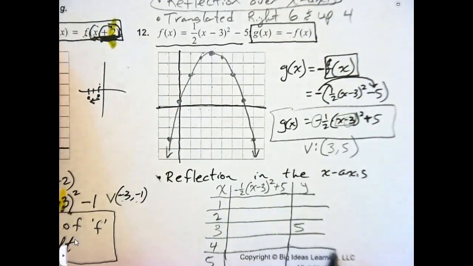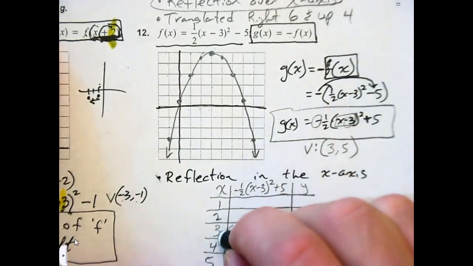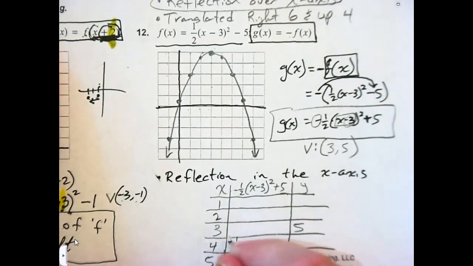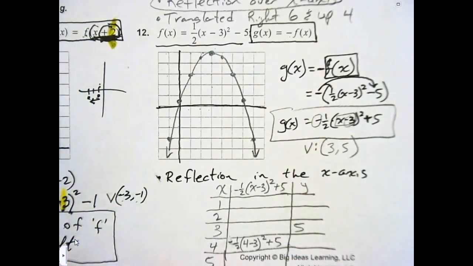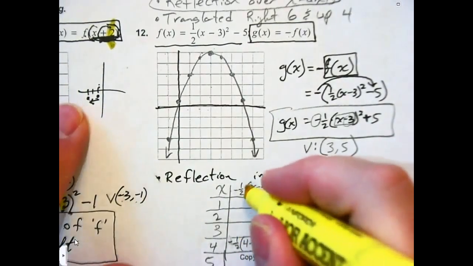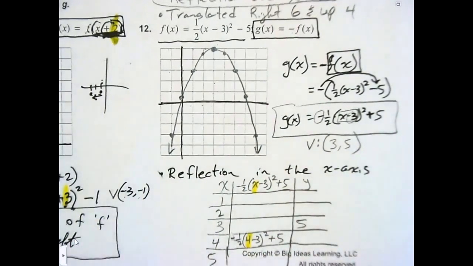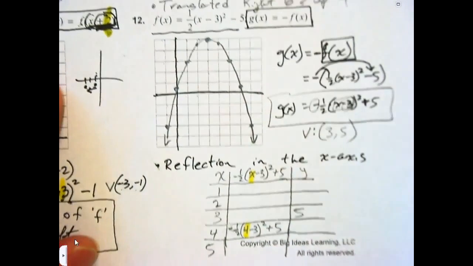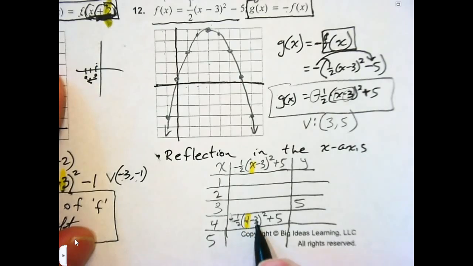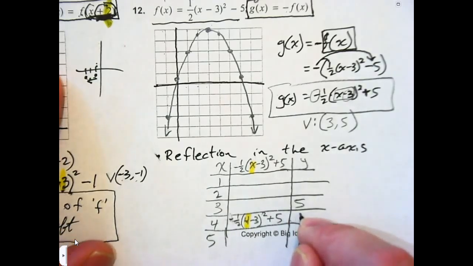I'm not going to plug all of them in, but if I put 4 in, that's -1/2 times 4 minus 3 squared plus 5. Notice the only thing I replaced there was the x value. I put 4 in for x. So 4 minus 3 is 1, squared is 1, times -1/2 is -1/2, plus 5 is 4.5.